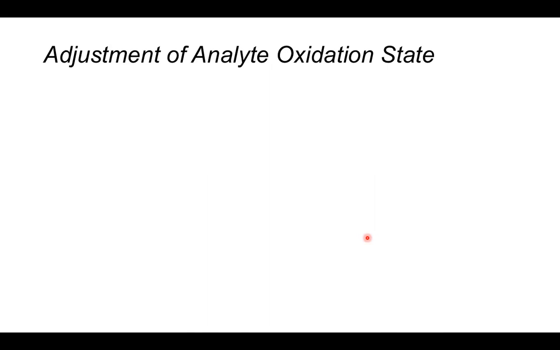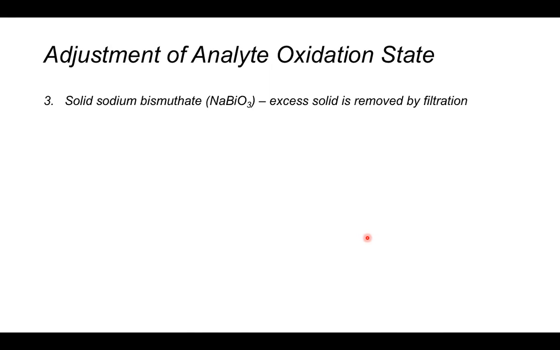Adjustment of the analyte oxidation state can also be done with solid sodium bismuthate. So here we have sodium bismuthate. So sodium, this is the bismuthate anion. This is a -1 complex anion. So the bismuth is in the +5 oxidation state because oxide is typically -2, and -2 times 3 is -6.